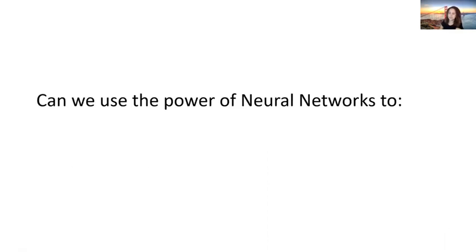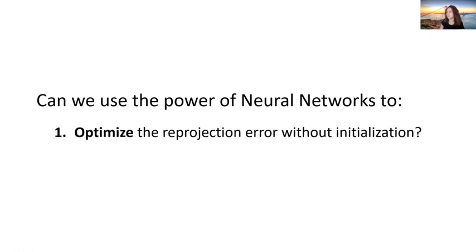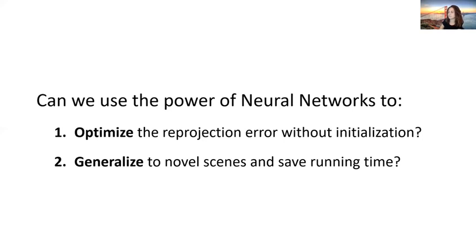And now the question is, since this is a very hard optimization problem, maybe the solution that everyone is doing now is to just put it inside a neural network and hope that it will be able to find the optimal solution. So this is our first goal, to optimize the reprojection error, meaning I have a specific scene, a bunch of images taking pictures of the same object, and I want to find the 3D points and the cameras.